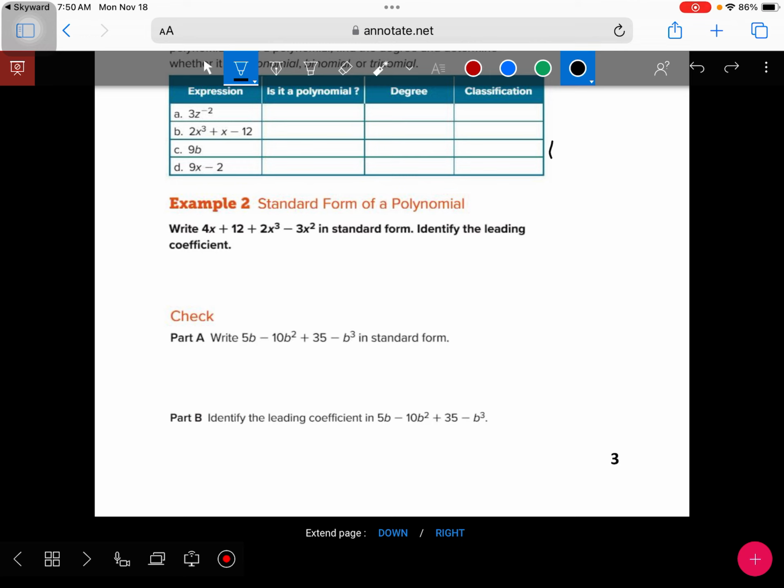Does it have to have an exponent on all of them? No. Doesn't have to, if I understand your question right.